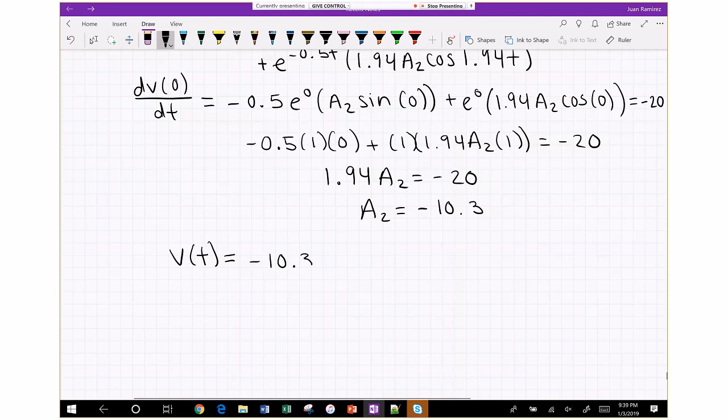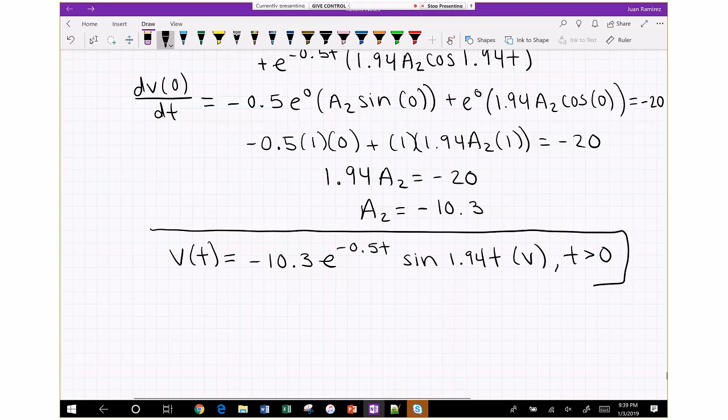Negative 10.3 e to the negative 0.5t sine of 1.94t. That's in voltage for time greater than 0. And that's our answer.